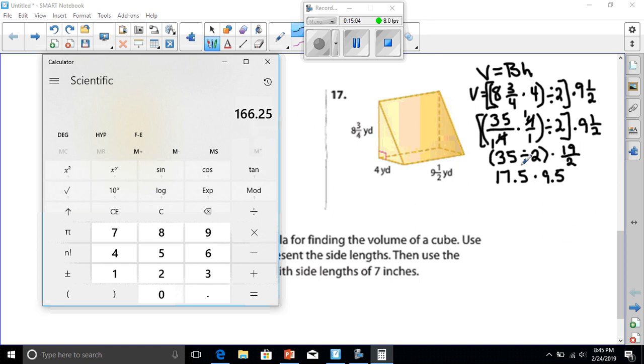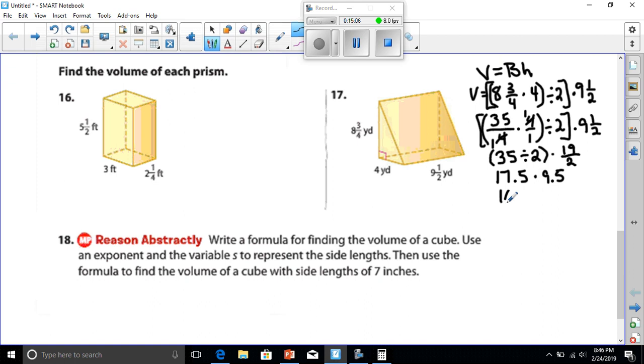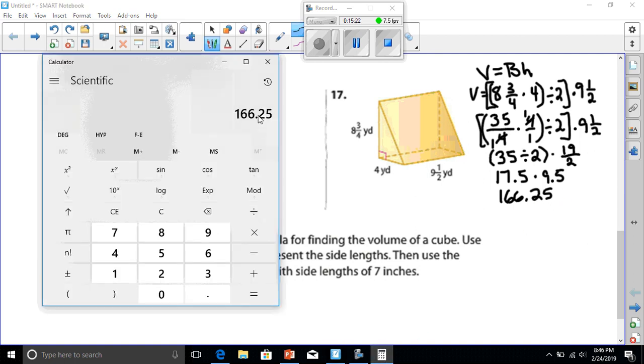All right, so 166.25. How would I write that as a fraction? Since we started as a fraction, probably want to end as a fraction. Remember, 0.25 is all we need to turn into a fraction. Most of us know that's 1/4 already, but for those that don't, let's put that in, 0.25.